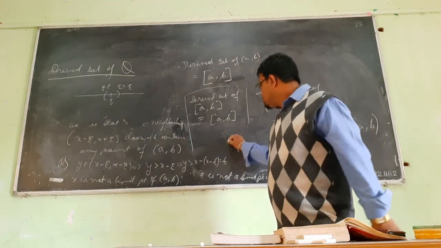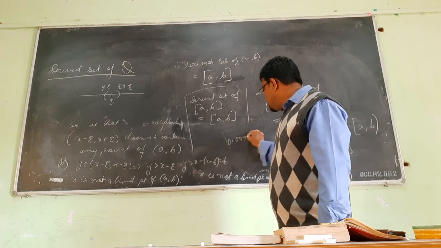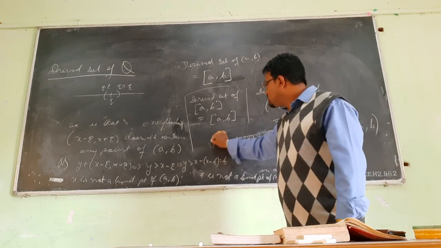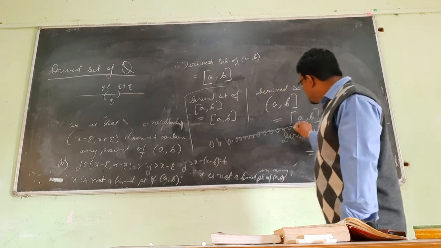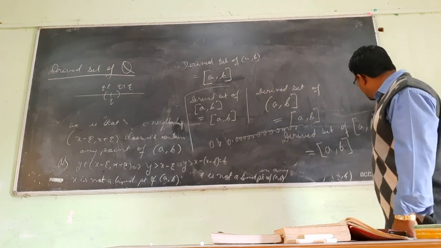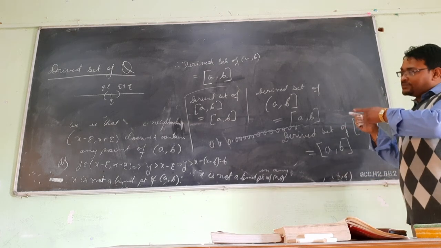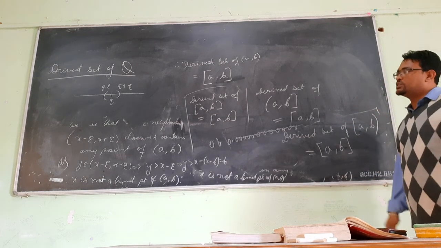Even though the numbers may be very close to each other, maybe something like 0 and 0.000 with many zeros and then a 1, between these two numbers also there are infinitely many rational and irrational numbers.